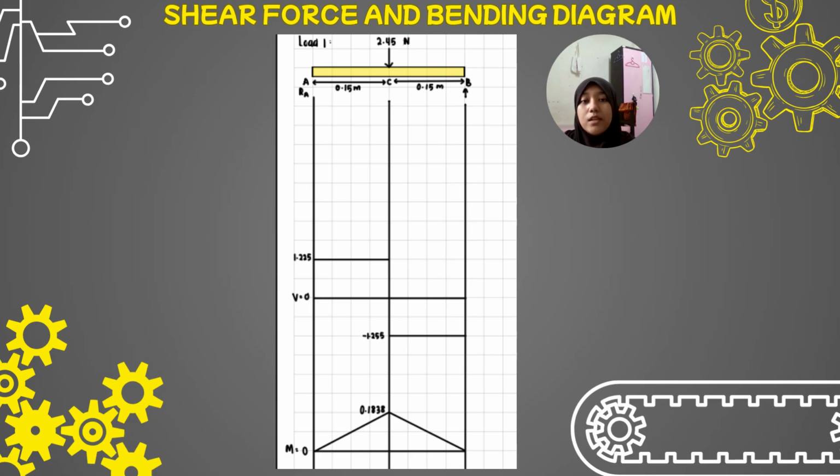For the bending moment diagram, this tracks how much the beam wants to bend or flex. The bending moment is always zero at the ends, A and B, because they can rotate freely. It increases linearly toward the middle, reaching the maximum peak directly under the load at point C, forming a triangle shape.